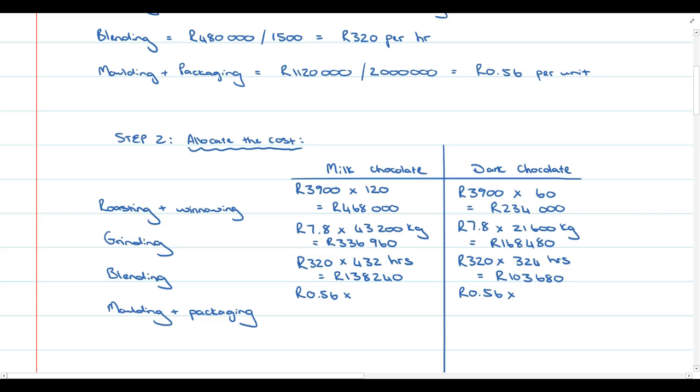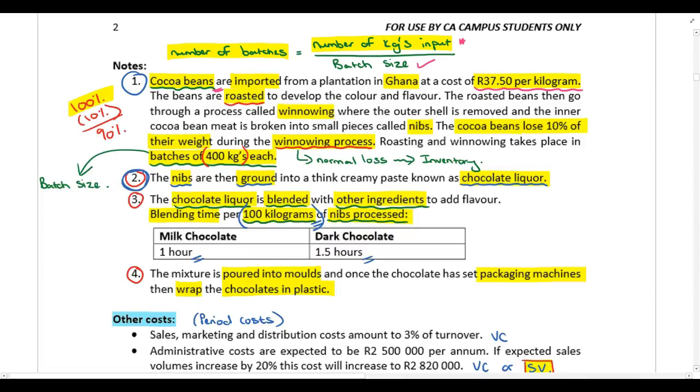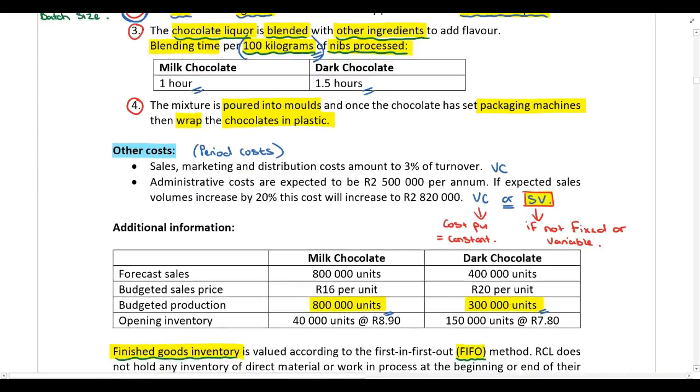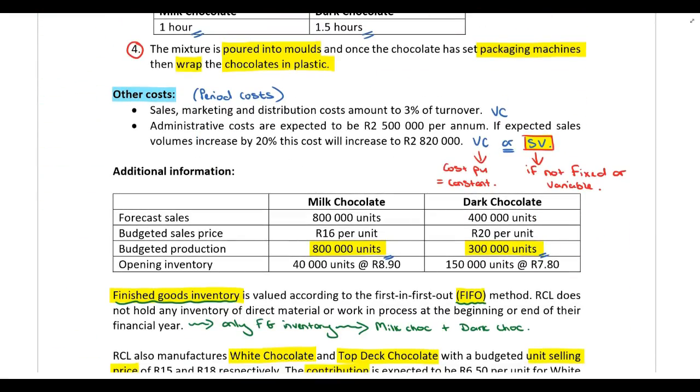So we just need to multiply by the number of units in order to allocate this cost. And please note, guys, it's based on the number of units produced. So for milk chocolate, it's 800,000 units, and for dark chocolate, it's 300,000 units.